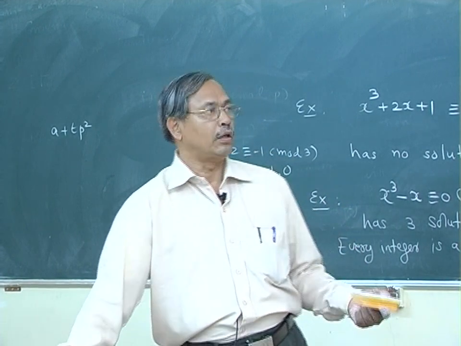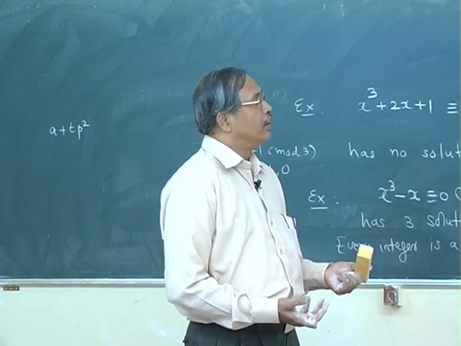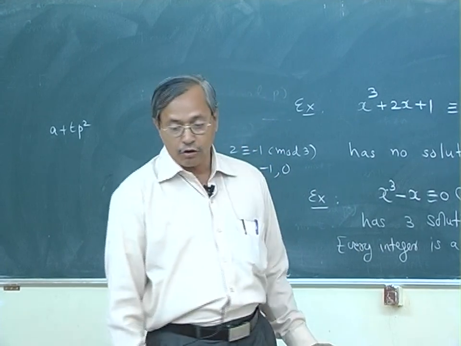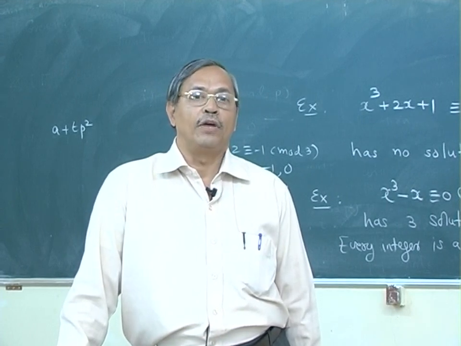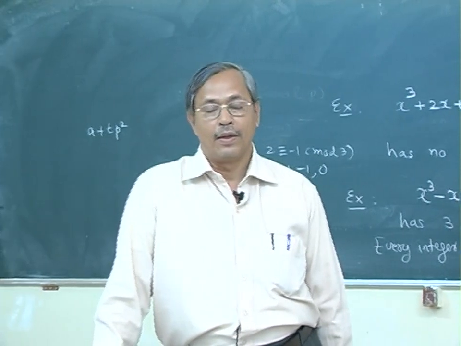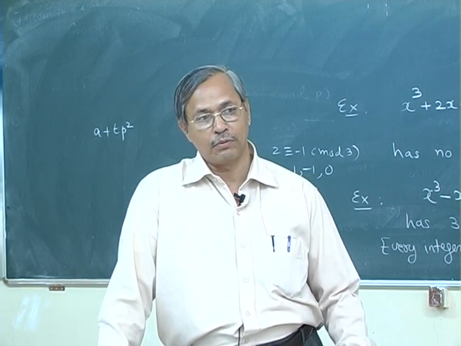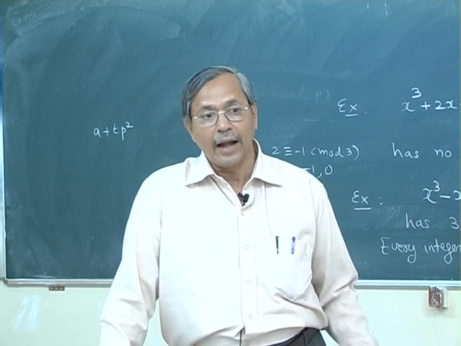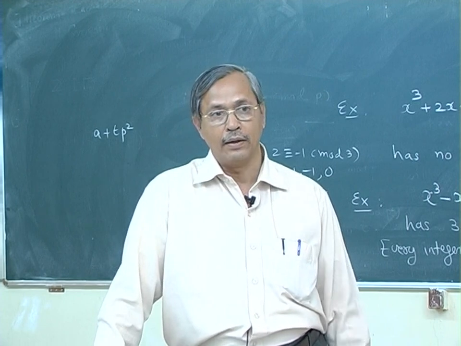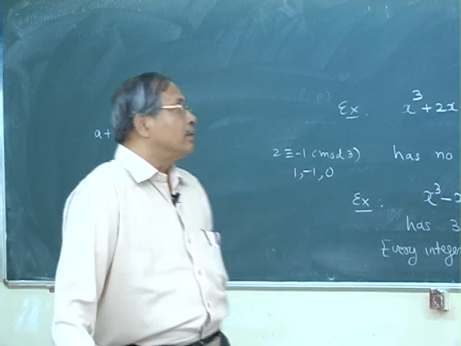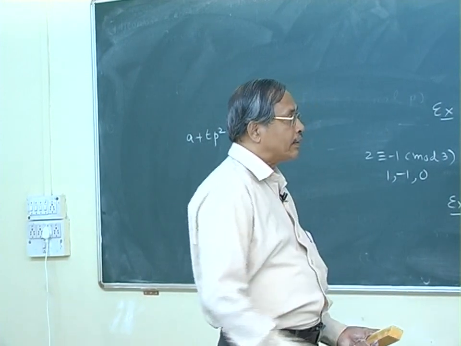So here, because the number of possible solutions is limited, the result you have for complex numbers, that the number of solutions of f(x) equal to 0 is equal to the degree of the polynomial, with solutions counted with multiplicity, cannot hold here. So the upper limit is of course that p, and you can reduce the degree here and the number of solutions.